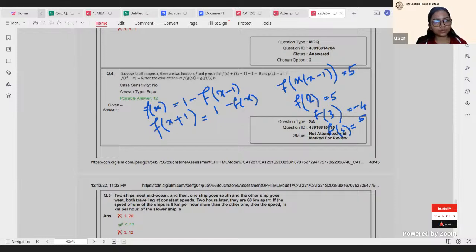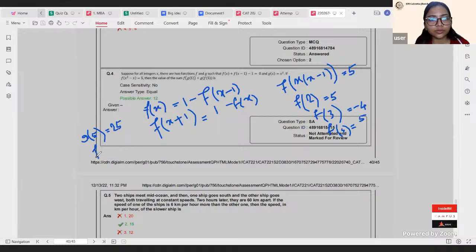So in that case, what we can do is g of 5 is going to be 25, as g of x is x square.